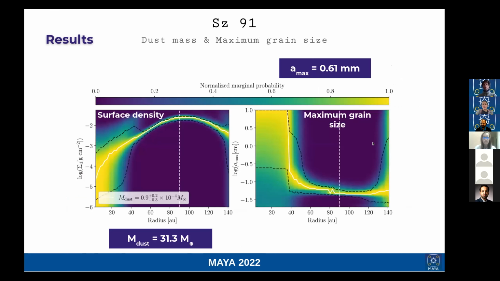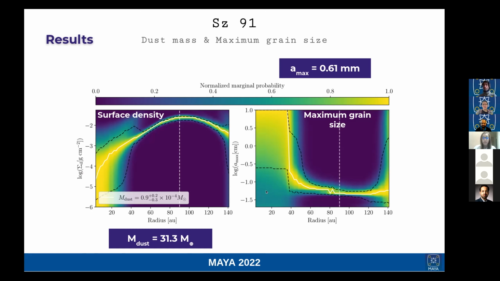So now for the dust mass and for the maximum grain size, I can show you here the dust surface density that we found when we include this optical depth and scattering effects, which is here on the left. And by integrating this predicted surface density, we can have an estimation of the mass of solids in the system. What we found is that it's 31 Earth masses, more or less.